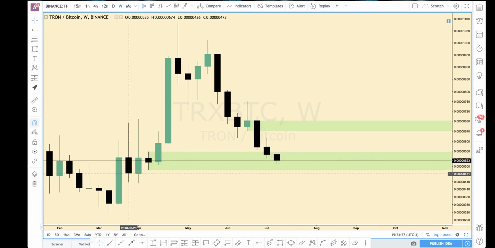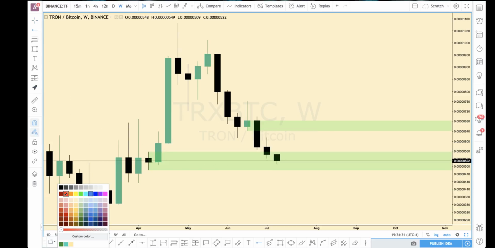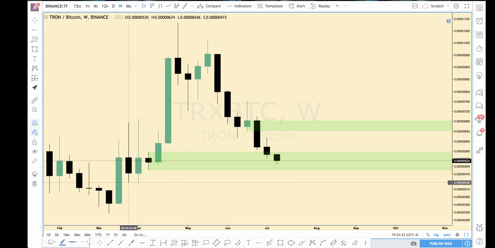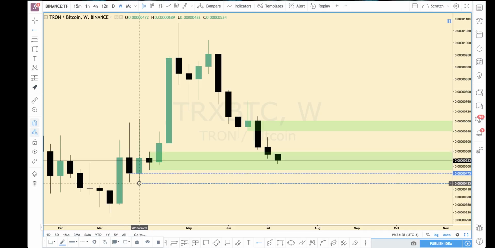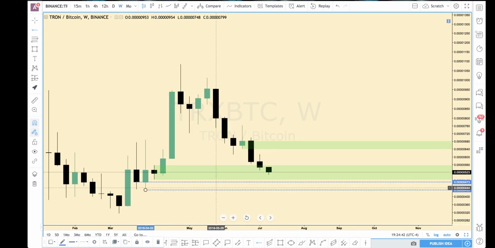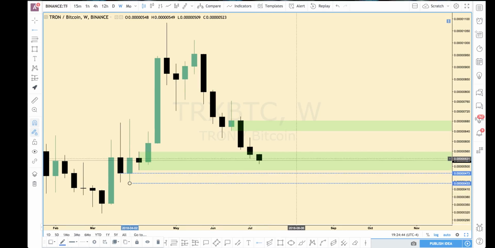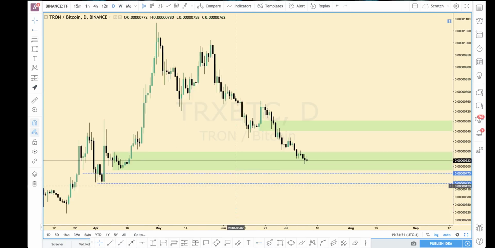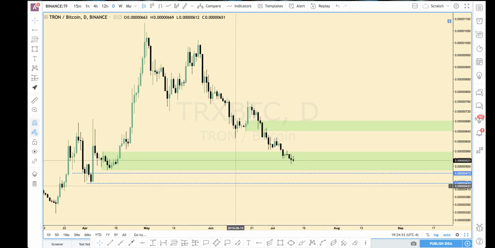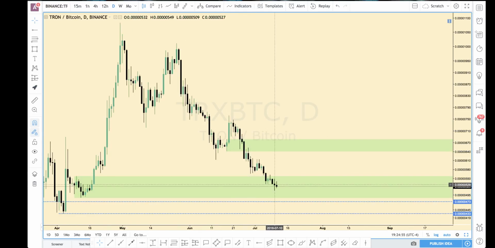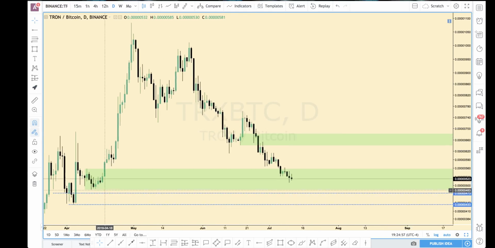But at the same time, I would totally caution you, or encourage you, I guess, to mark out these lows maybe, just in case we break this and you think it's the end of the world. It's like, no, we broke this green rectangle, but there are also these horizontals here as well. Zooming into the daily, candle spreads are getting smaller as we're approaching this area of demand.